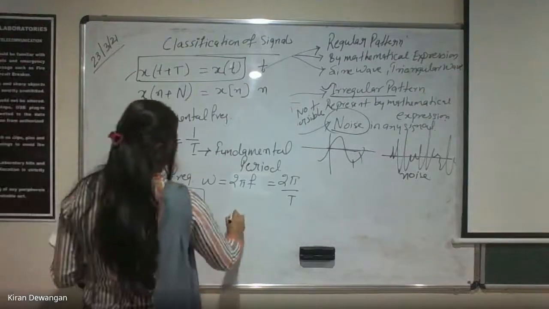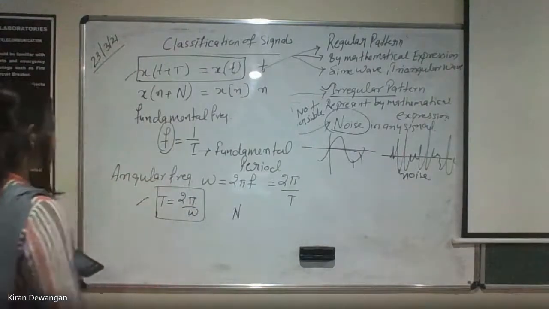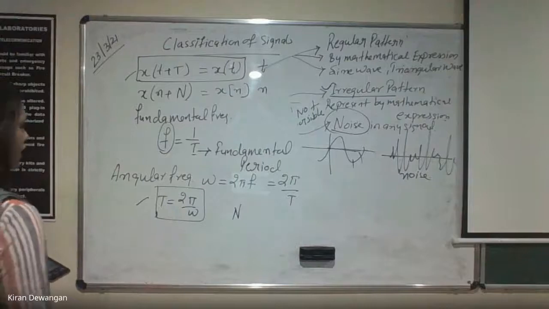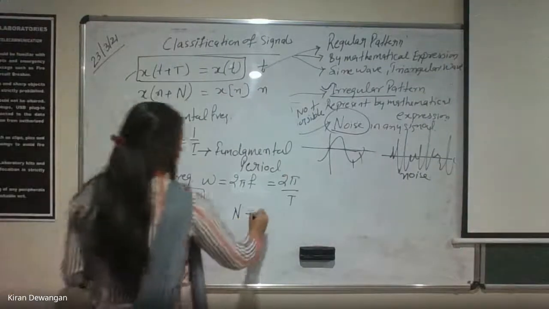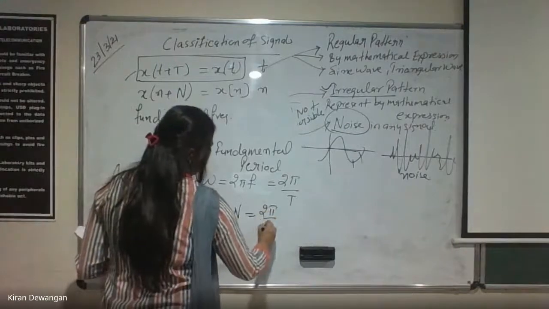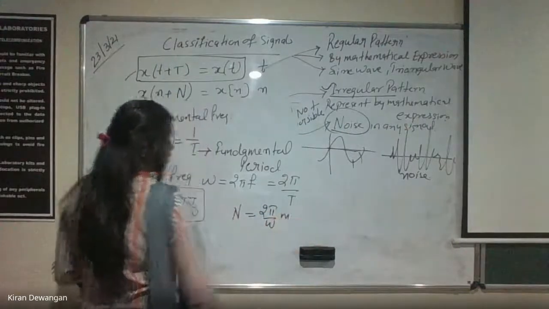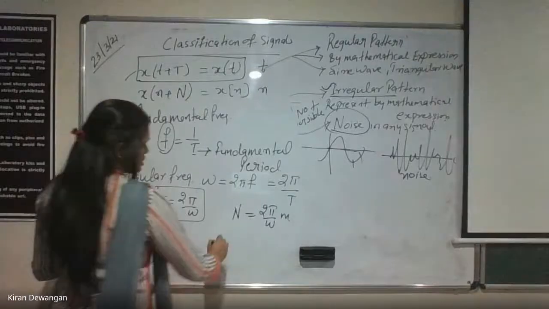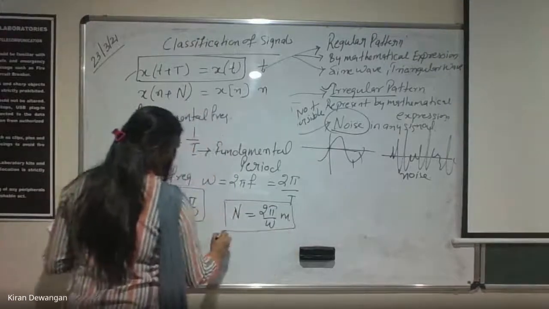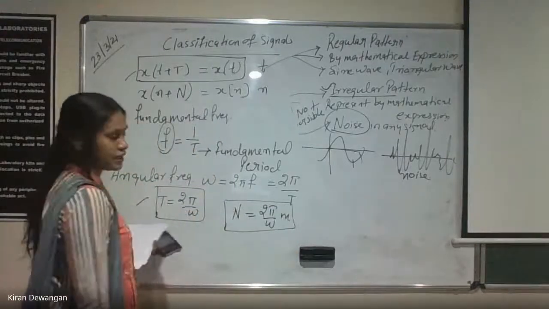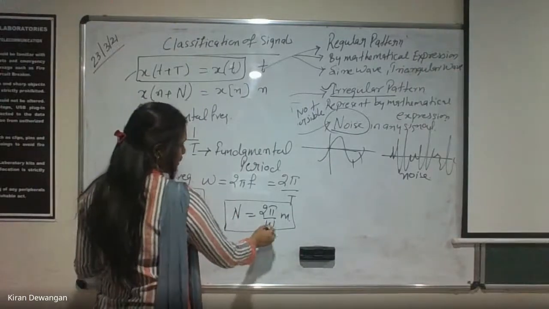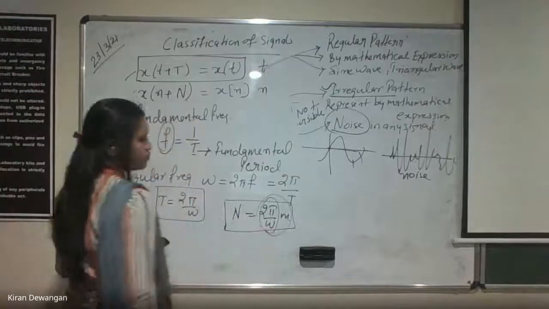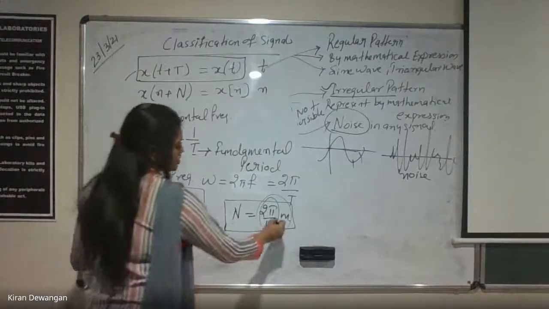Similarly, if we have to write the fundamental period N in terms of discrete, it will be 2 pi by omega, multiplied by a small m. This we have already discussed in the previous class. Okay? So this is periodic in nature with this period, with this small m.